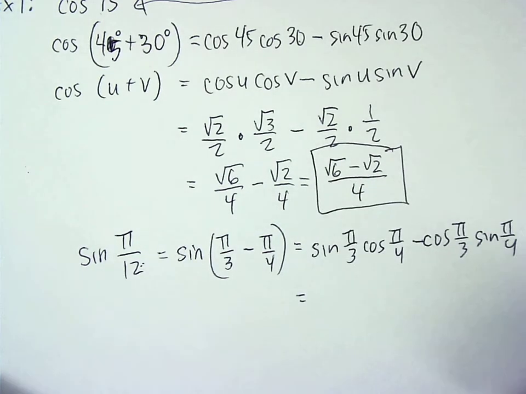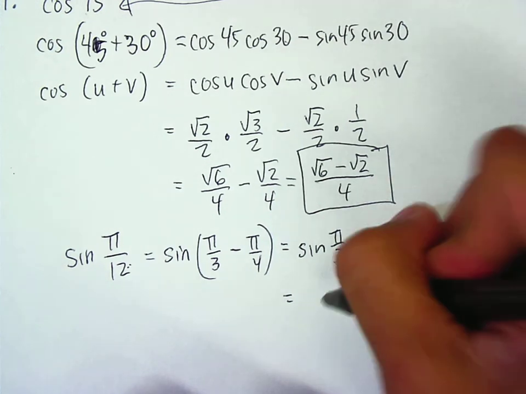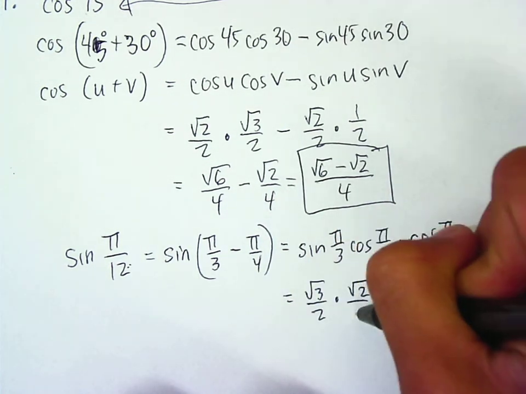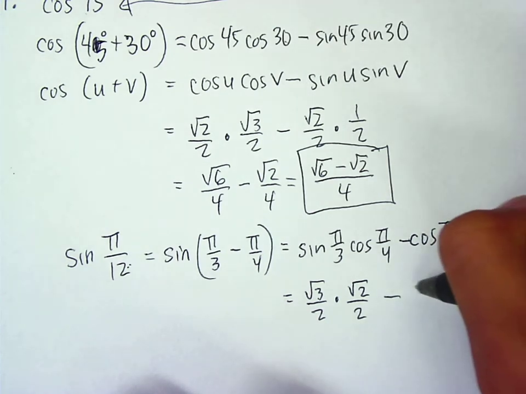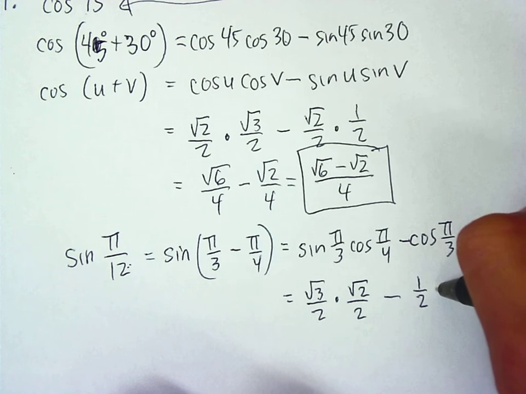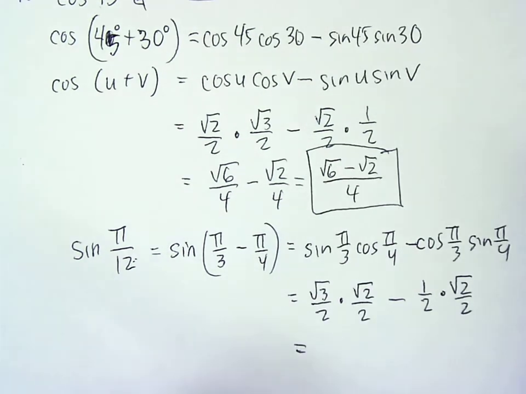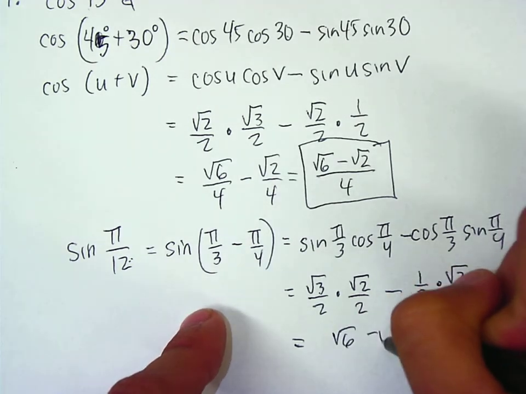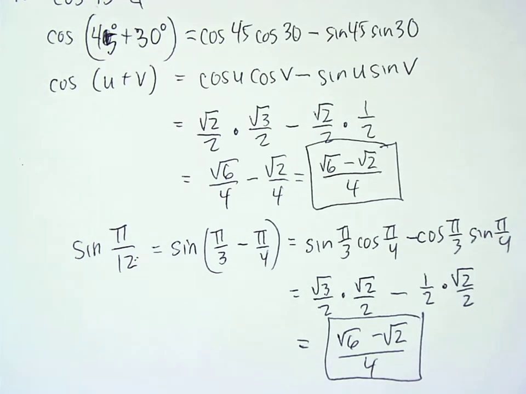Okay, so if I follow that, sine of pi over 3 is radical 3 over 2. Cosine of pi over 4 is radical 2 over 2, minus cosine of pi over 3 is 1/2 times sine of pi over 4 is radical 2 over 2. And then I'm just going to do some algebra and simplify, so it'll be radical 6, again, minus radical 2 all over 4. Okay? So that's just how to do it in radians.